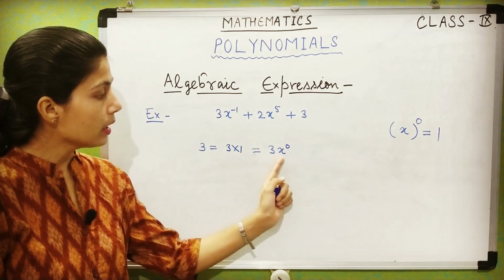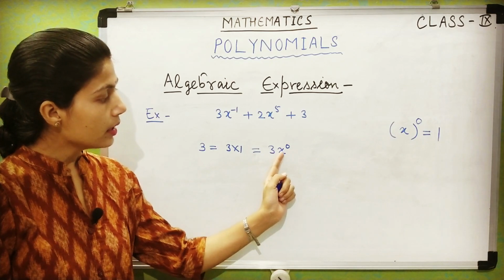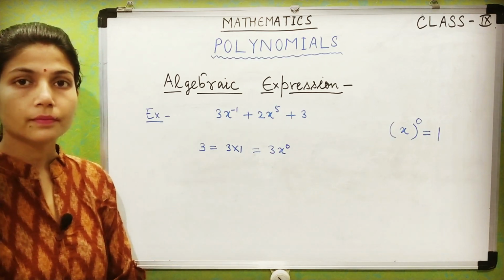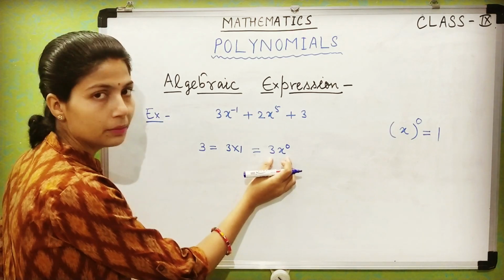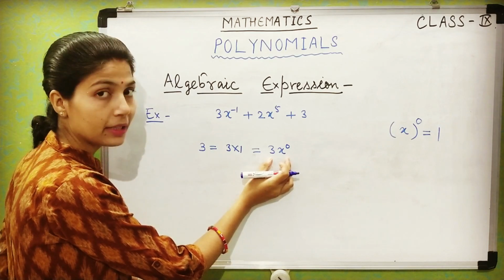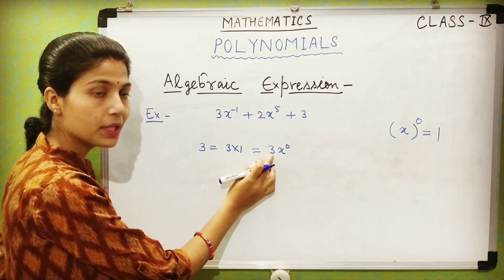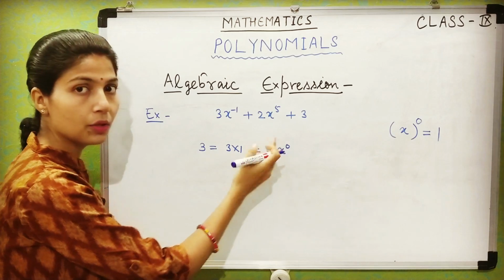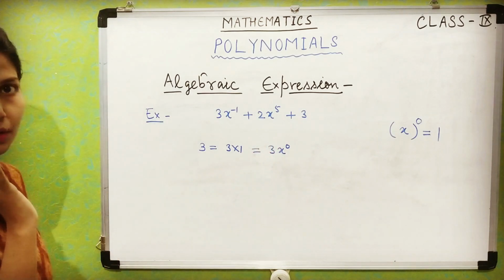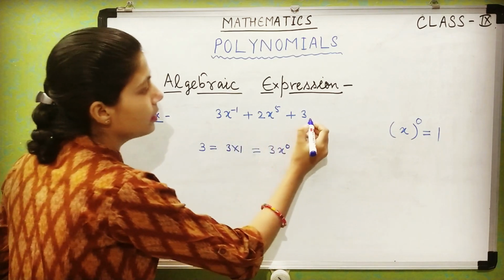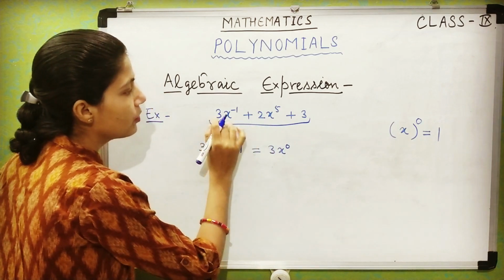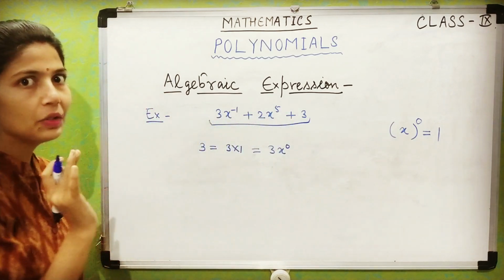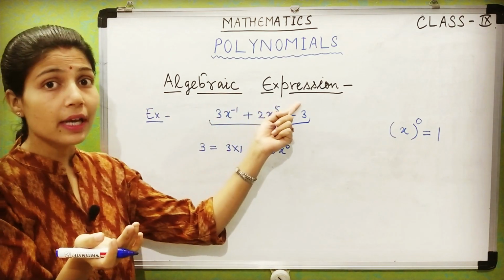So in place of 1 I have written x raised to power 0. Now it becomes an algebraic expression. How? 3 is a constant, x is a variable and 0 is a rational number. Okay. So there are 3 terms which are adding here to make an algebraic expression.